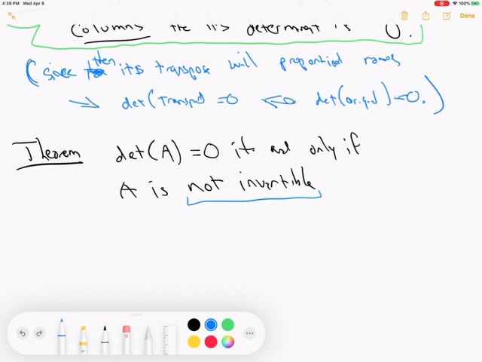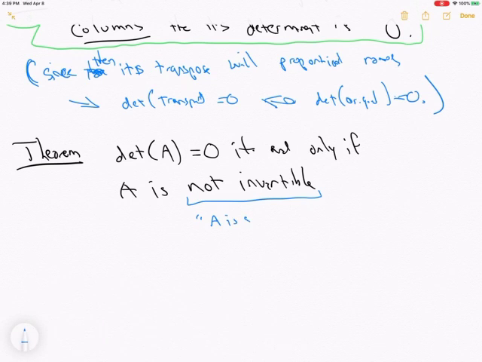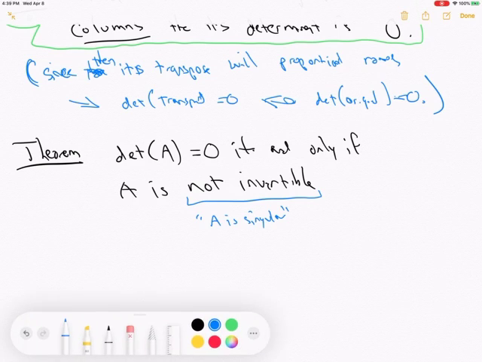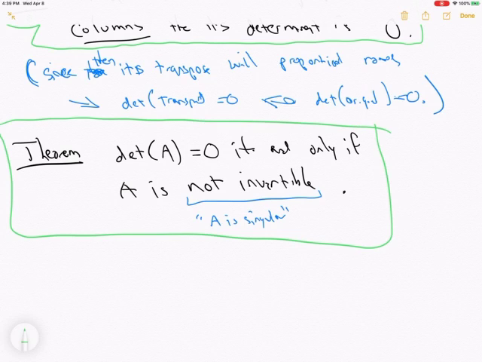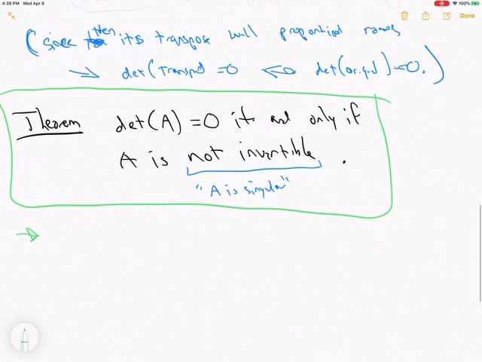So we'd say that A is singular. This is a very important result, which allows us to determine whether or not a matrix is invertible.